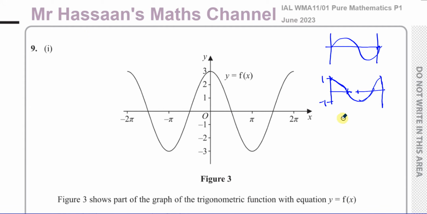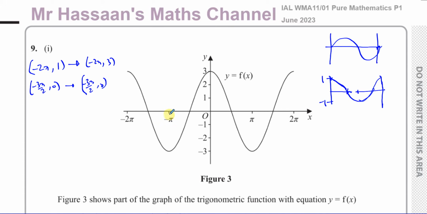You have -2 pi and 1, and this has become -2 pi and 3. Here you have -3 pi over 2 and 0, and that stayed -3 pi over 2 and 0.